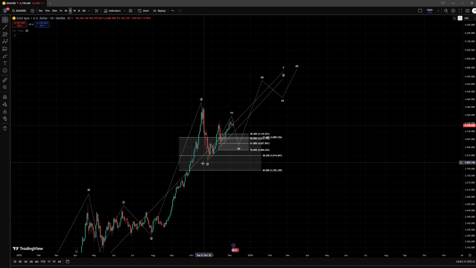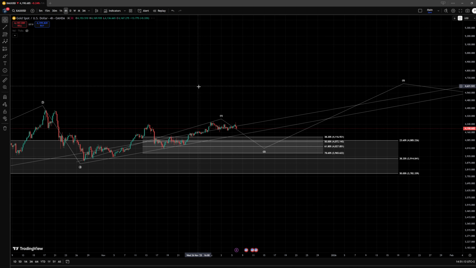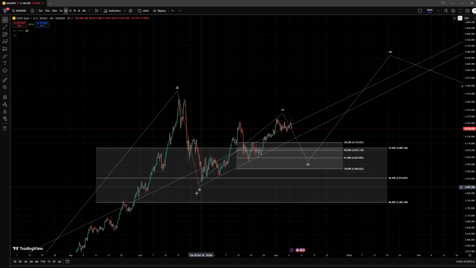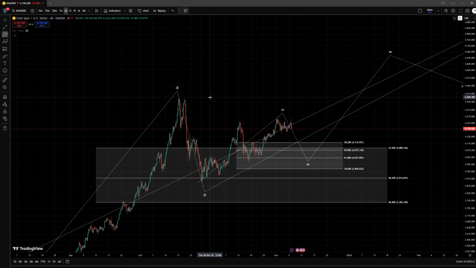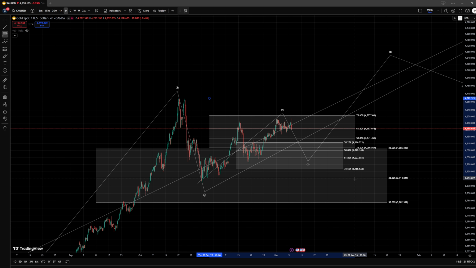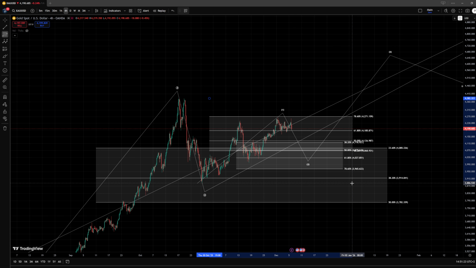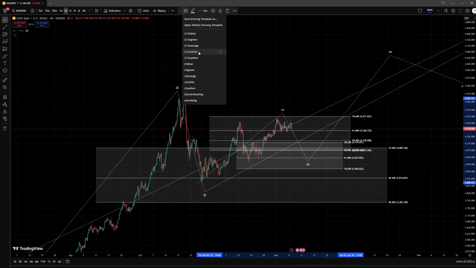Now, with that said, I did not rule out, and I will not rule out, the possibility of a reset within this wave 4, and in that case we can look for some resistance levels in this area. Actually, let's use a different color for this interpretation.